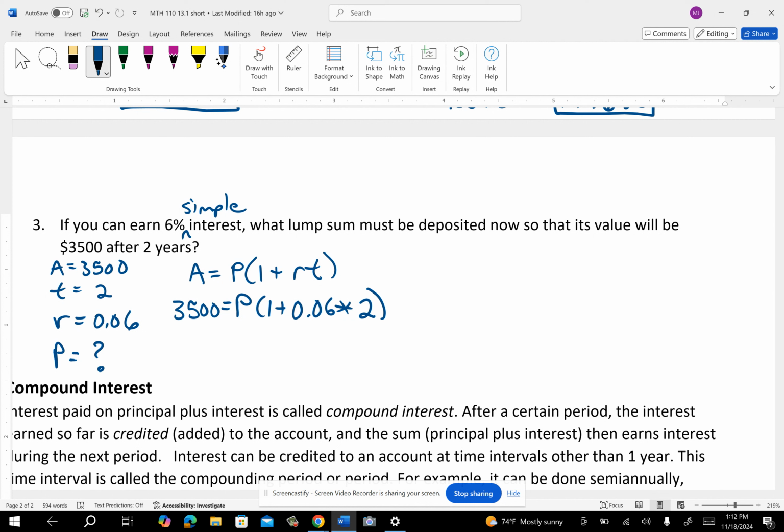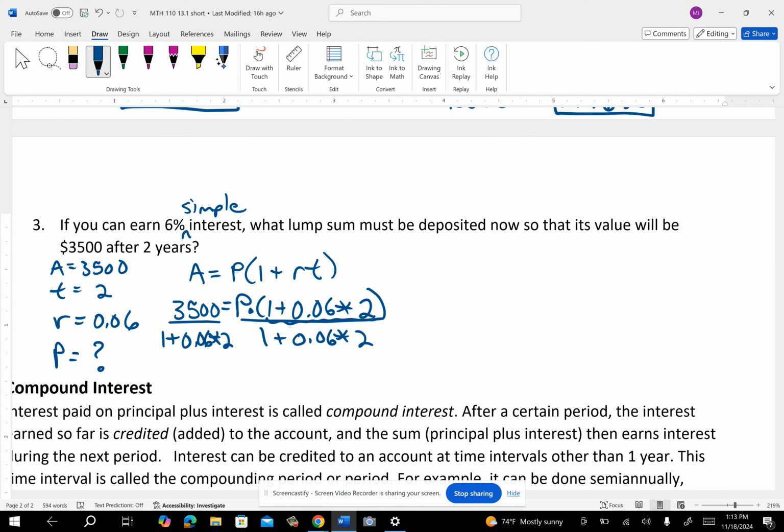All right, so for this one, what I need to do is understand how to get P. There's an understood multiplication between the P and everything else. So that 1 plus 0.06 times 2, I really need to divide by that on both sides. This can be difficult to enter.